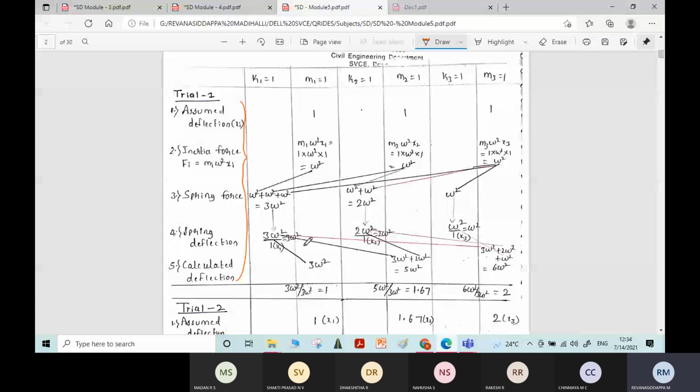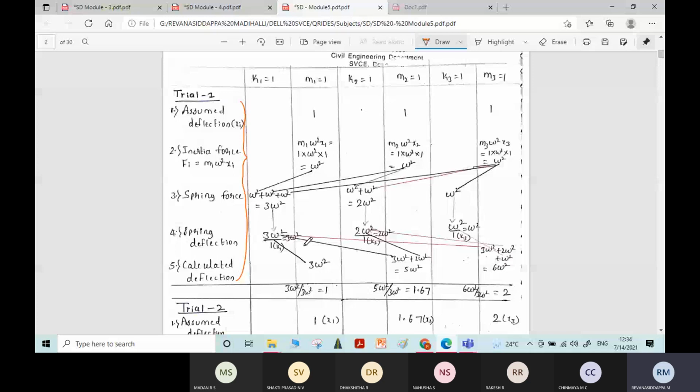Spring force means at each and every spring you need to calculate the total resultant force acting on the spring. Say for spring 1, it is the total force acting in spring 1, spring 2, spring 3.